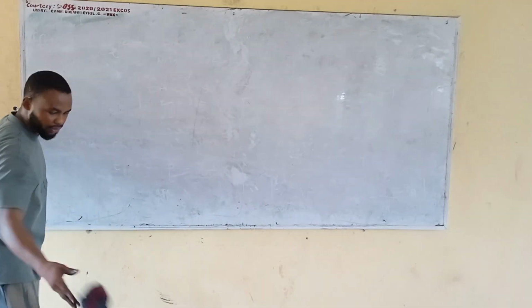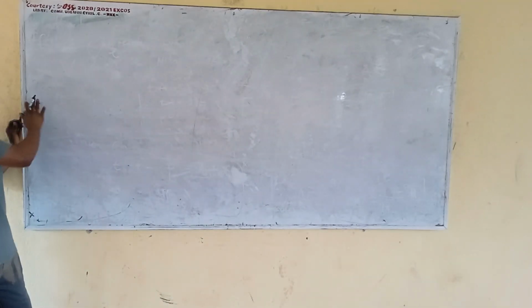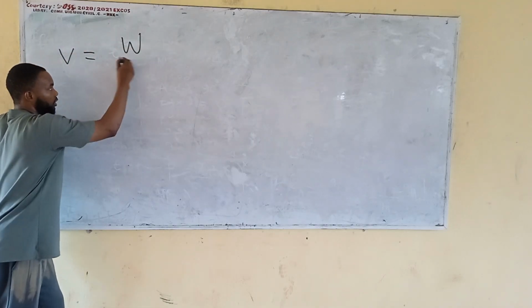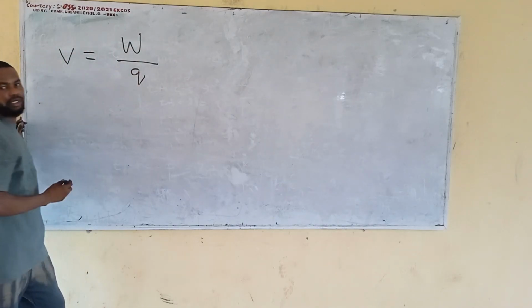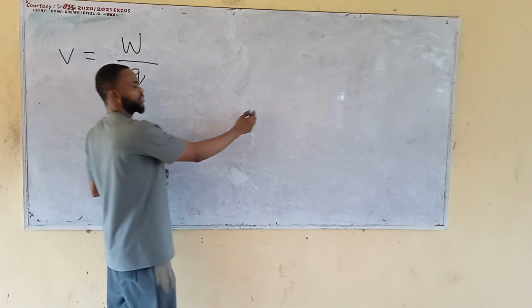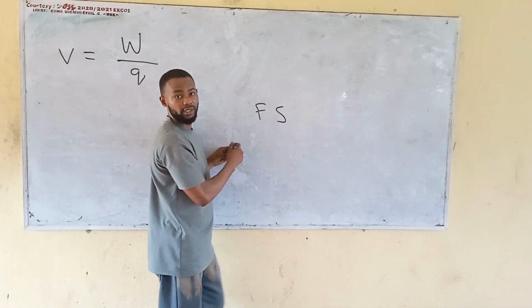That's not a formula, so that we don't enter the formula. See, I have V equals work done in moving a unit charge. First of all, this is the first formula I want you to note. Then you need to remember that work done is given as F times S. Yes.